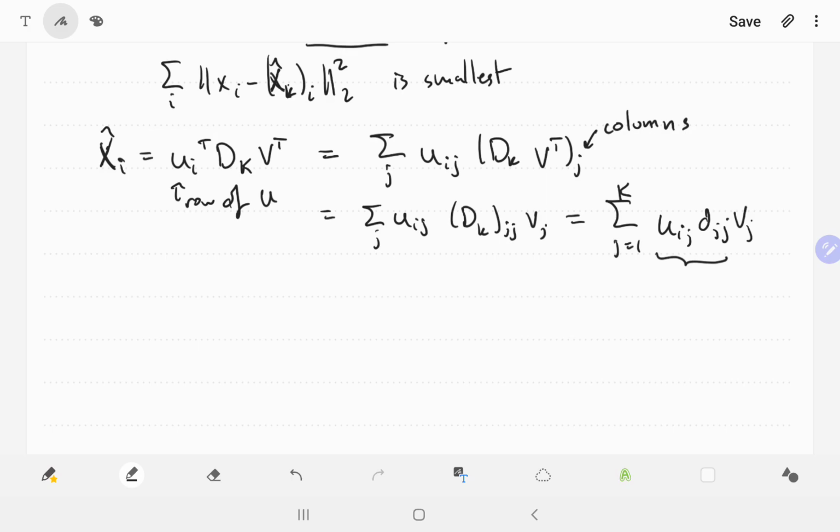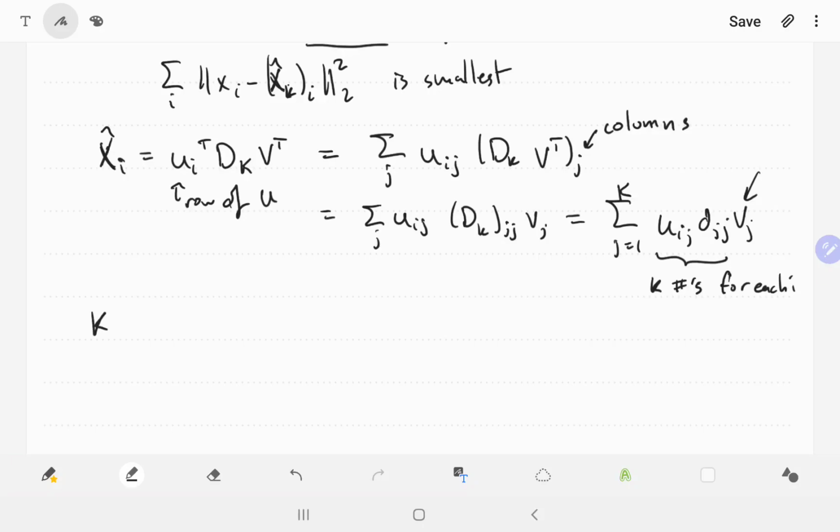And that's the only thing that's dependent on i. The rest are these v's here, and these v's are my basis vectors. So this thing is just k numbers for each i. And so that's how we achieve some compression using principal component analysis.